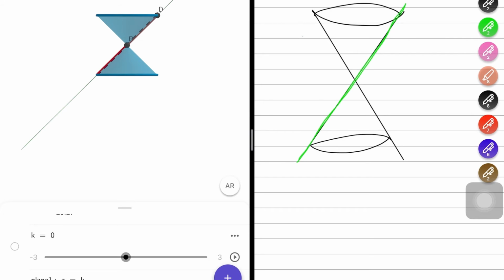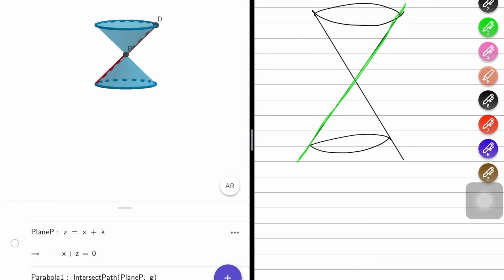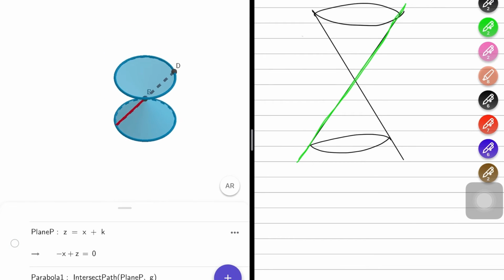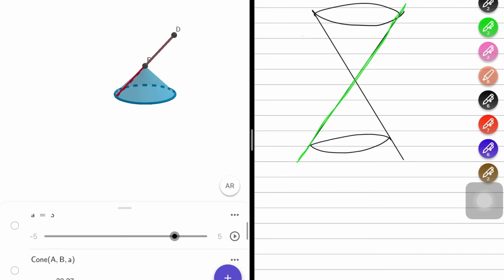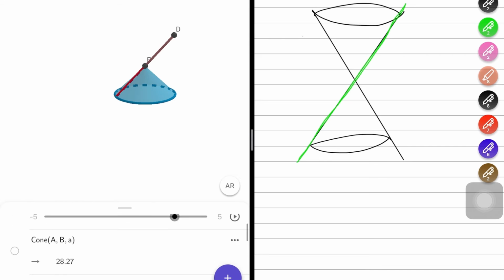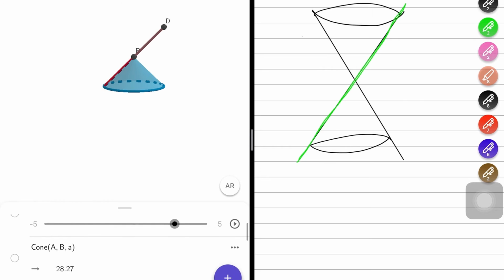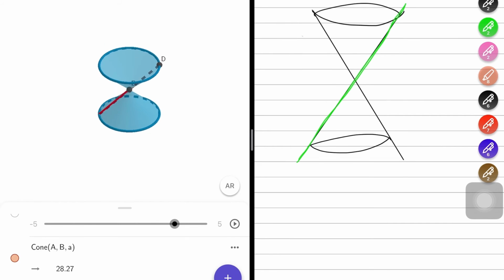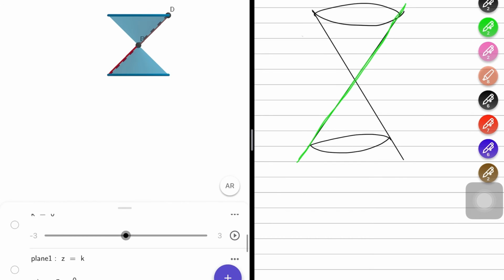I am removing the plane, and you can see the red one is the section. Let's remove the cone also, so you can clearly observe. This is the section, and this is just a straight line. This is the lower nappe of the cone, and this is the upper nappe.